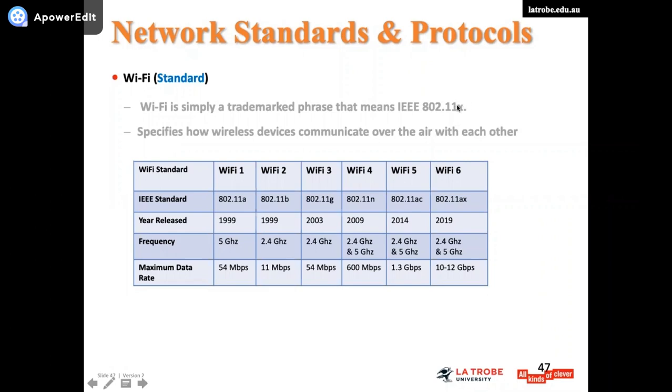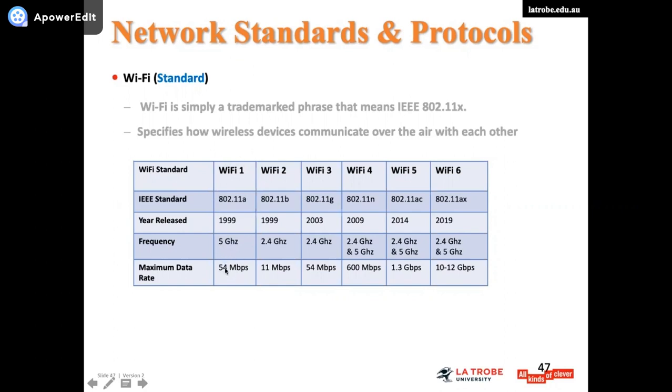Now our Wi-Fi standards have different generations. First is Wi-Fi 1, with .11a. But actually this standard never came to the market. It's just a very initial standard. The real Wi-Fi comes from Wi-Fi 2, .11b, which was released in 1999, last century.